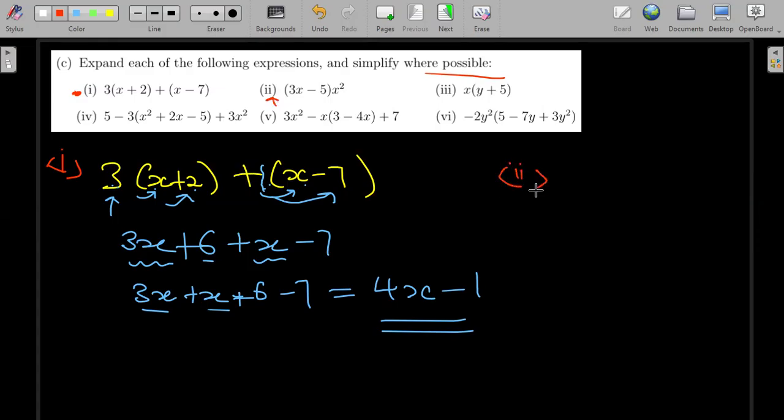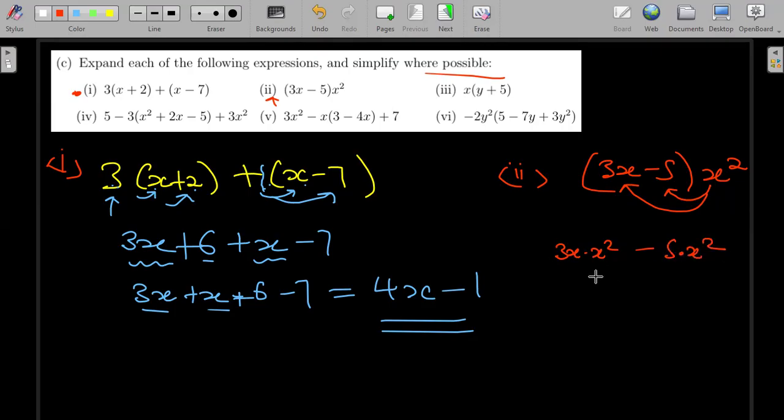For number 2, we'll just expand. So we have x squared (3x - 5). What are we doing here? We're distributing this x squared to the 3x and also to the minus 5. So 3x multiplied by x squared, and then minus 5 multiplied by x squared. I'm going to get 3x to the power 3.